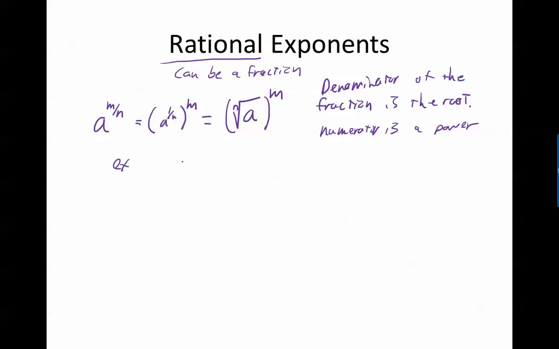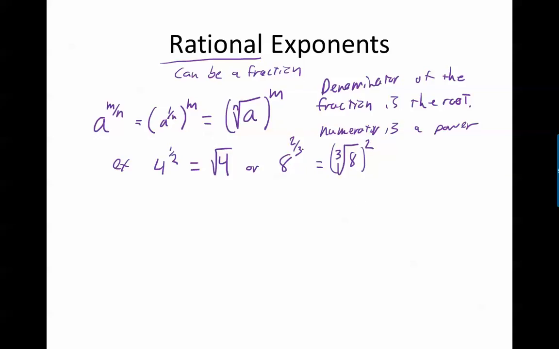For example, if I had something up here that was 4 to the 1/2 power, that would be the same thing as the square root of 4. Or if I had 8 to the 2/3 power, that's like saying the cube root of 8 squared.